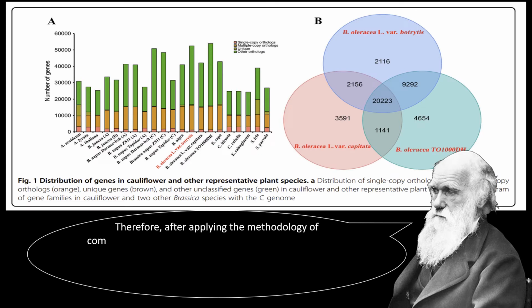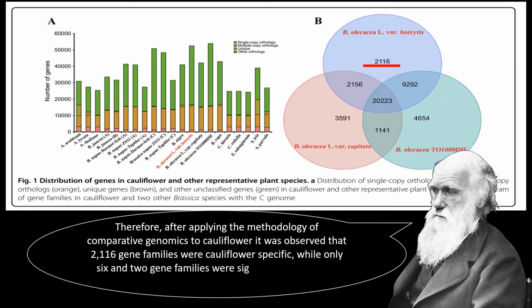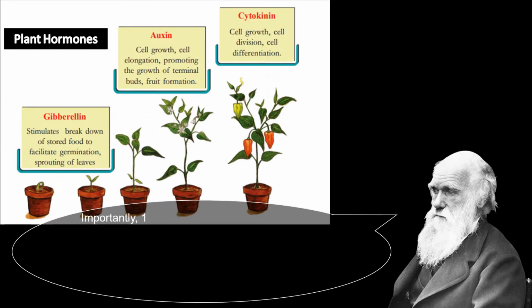Therefore, after applying the methodology of comparative genomics to cauliflower, it was observed that 2,116 gene families were cauliflower-specific, while only 6 and 2 gene families were significantly expanded and contracted, respectively. Importantly, 1,065 positively selected genes were identified in cauliflower.